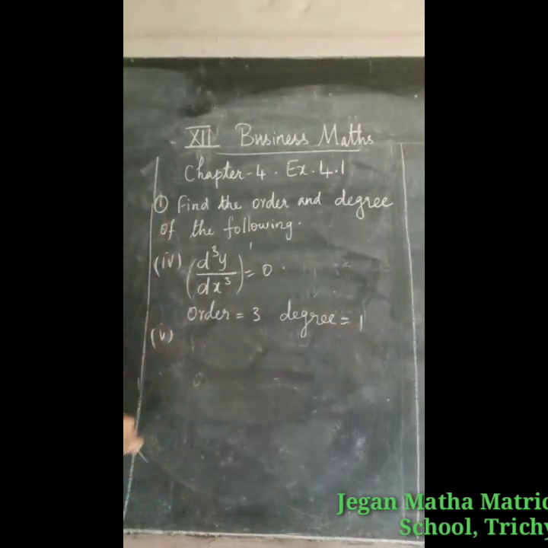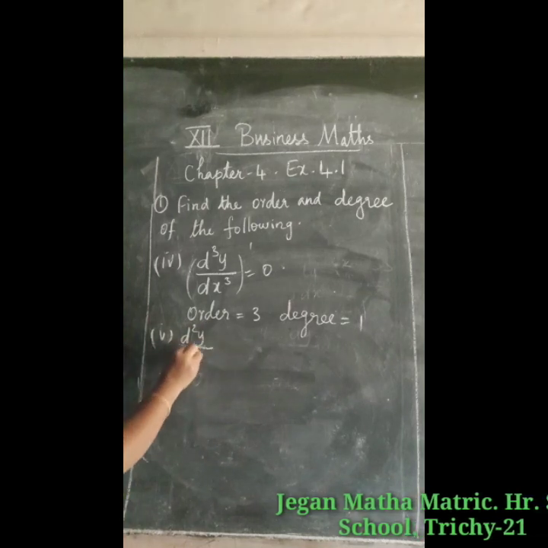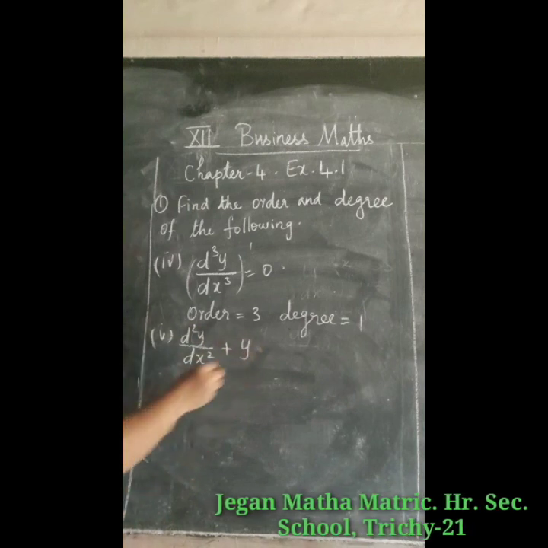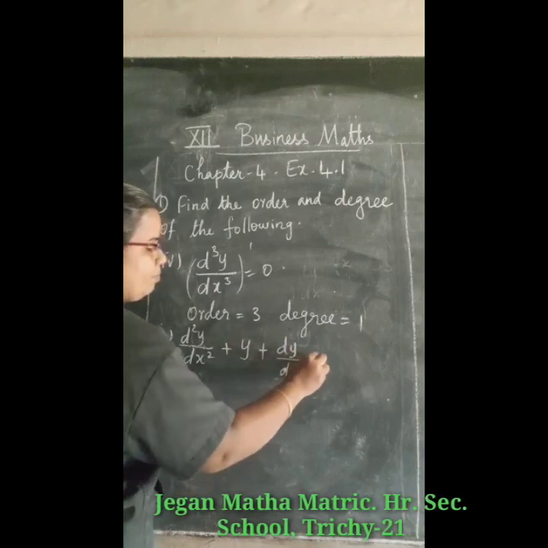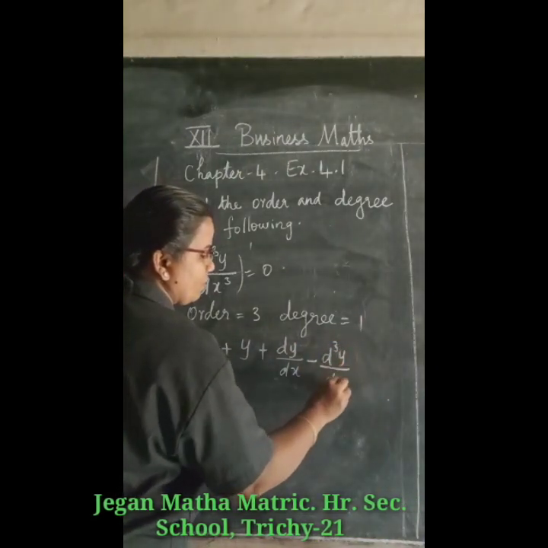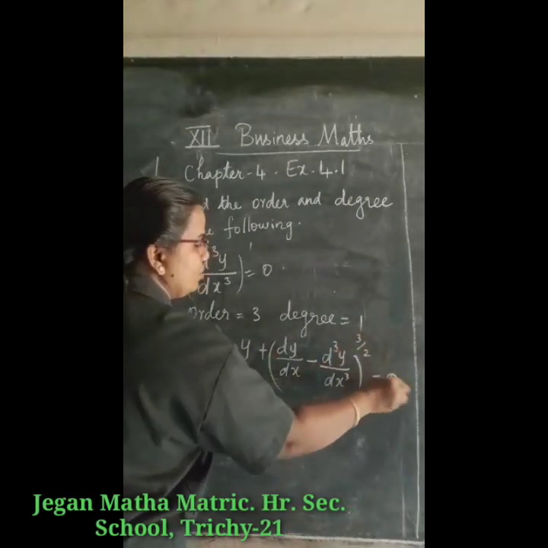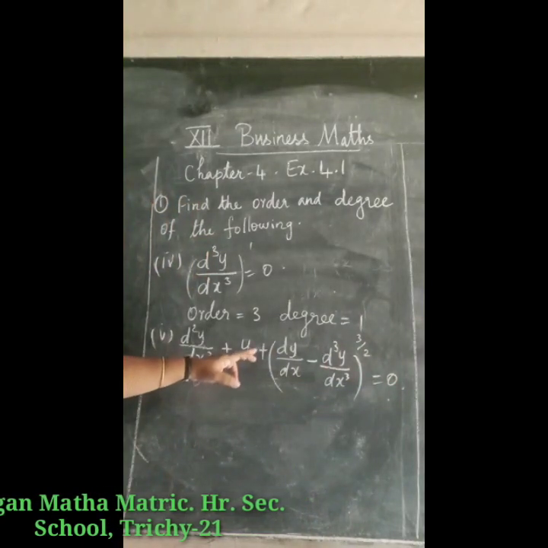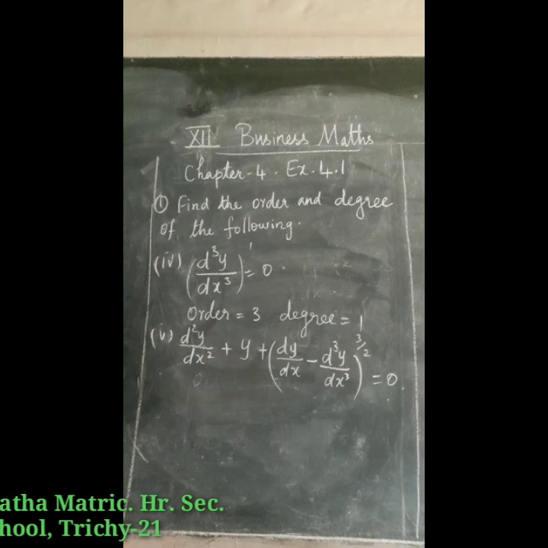And fifth question, d squared y by dx squared plus y plus dy by dx minus d cube y by dx cube, the whole power 3 by 2, is equal to 0.